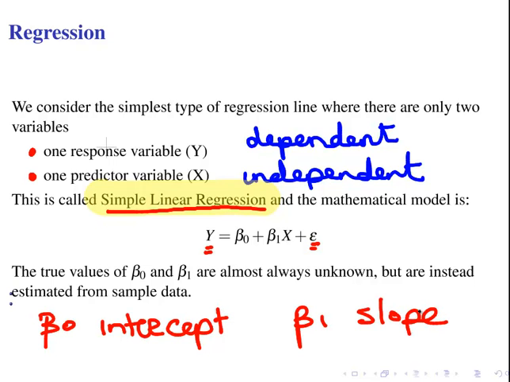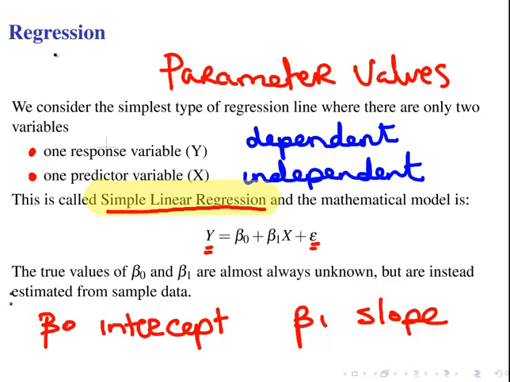These are the true values, and they are almost always unknown. So what you do is try to come up with estimates from sample data. That is what we're getting towards here.